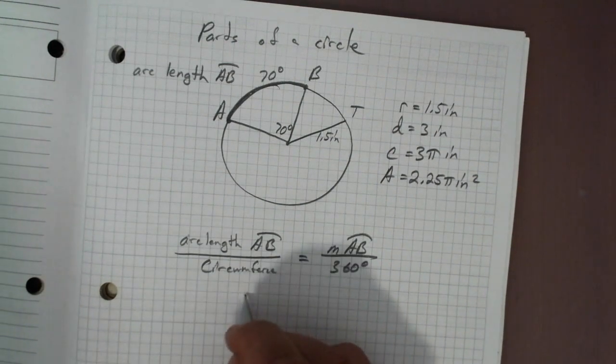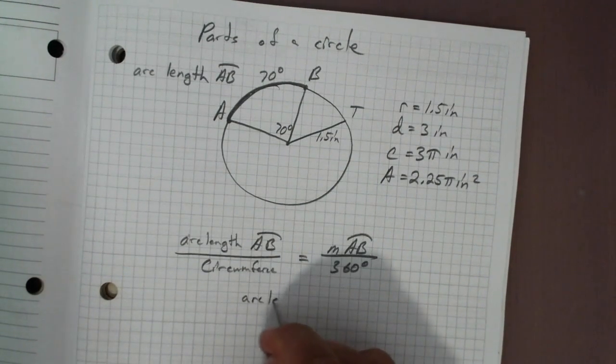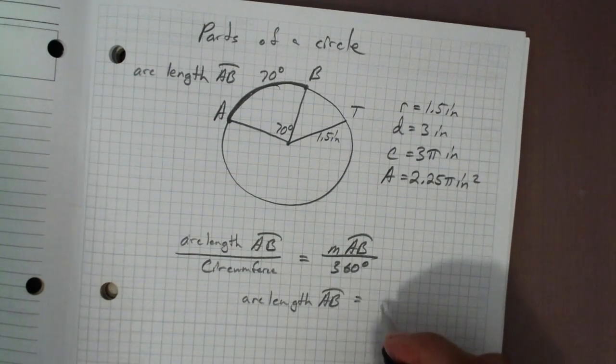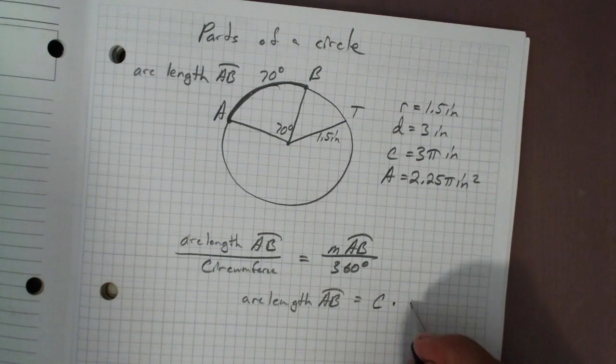So we could rewrite this and say the arc length of AB is equal to the circumference times the measurement of arc AB over 360.